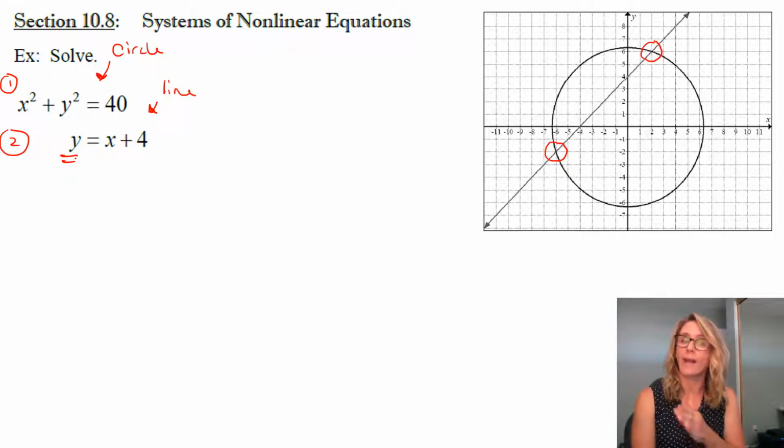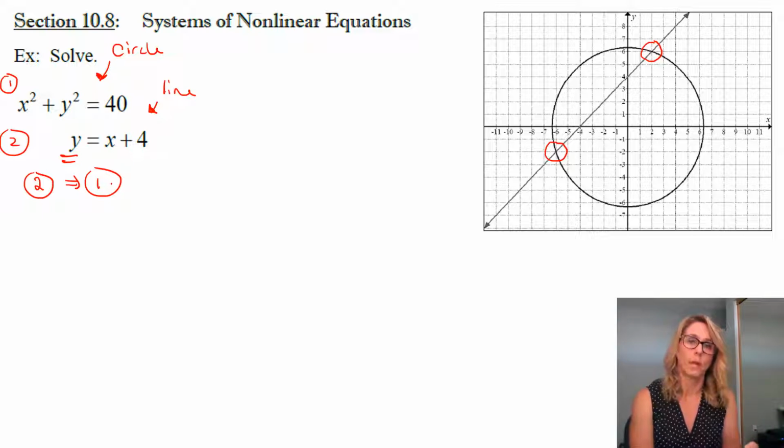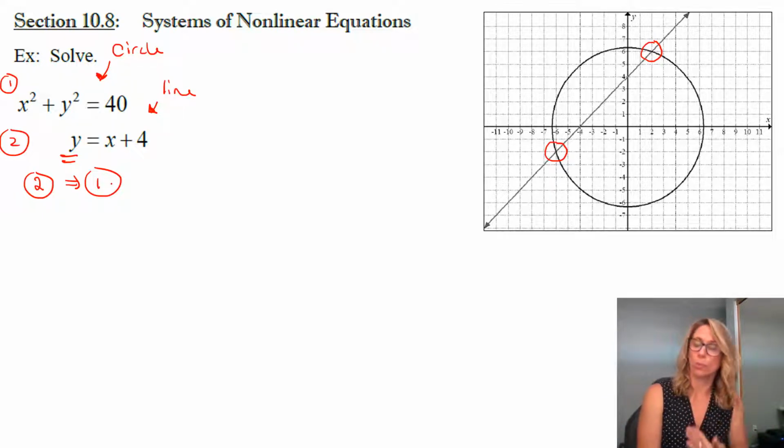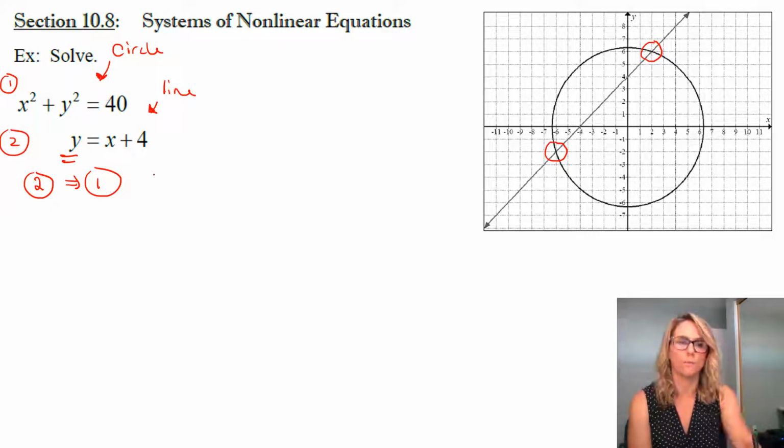So the fact that we have what y is equal to tells us that it would be pretty simple to take equation 2 and substitute it in to equation 1. And then that would make equation 1 one variable, and then we could solve for that variable. So that's what we're going to do.